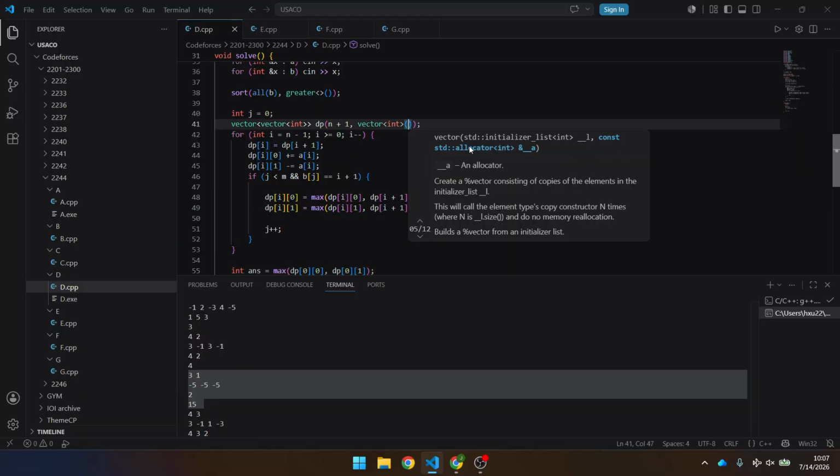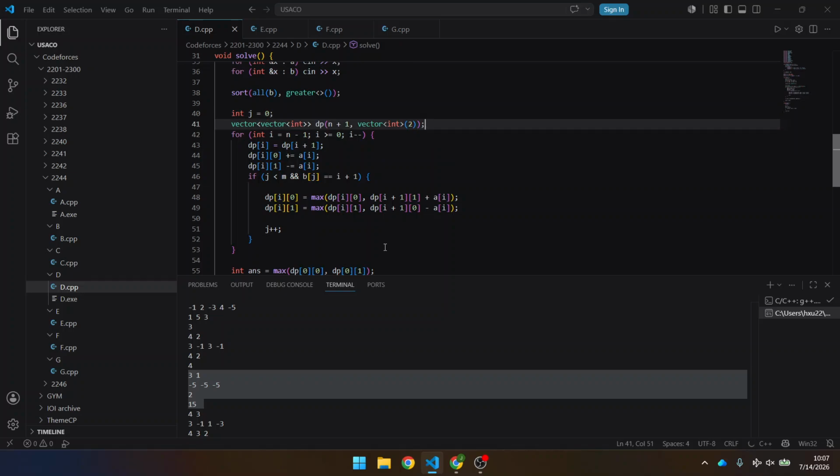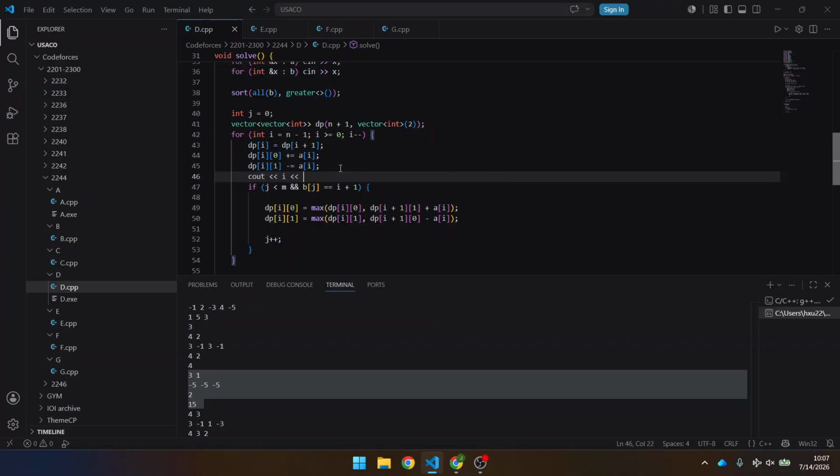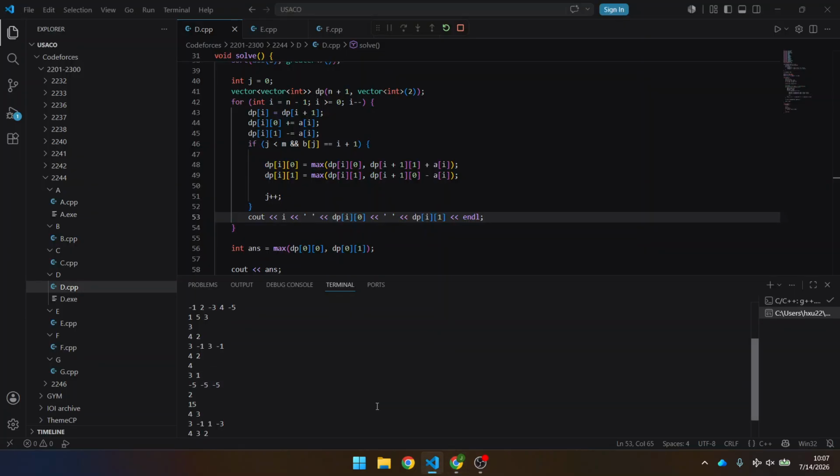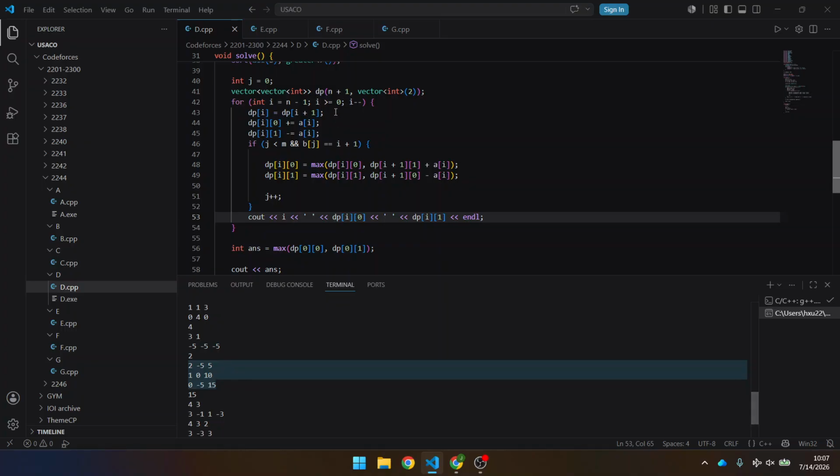So p0 plus equal to ai, so it's negative 5. Okay, so starting from 2, we have negative 5, negative 5, negative 5, and 5.